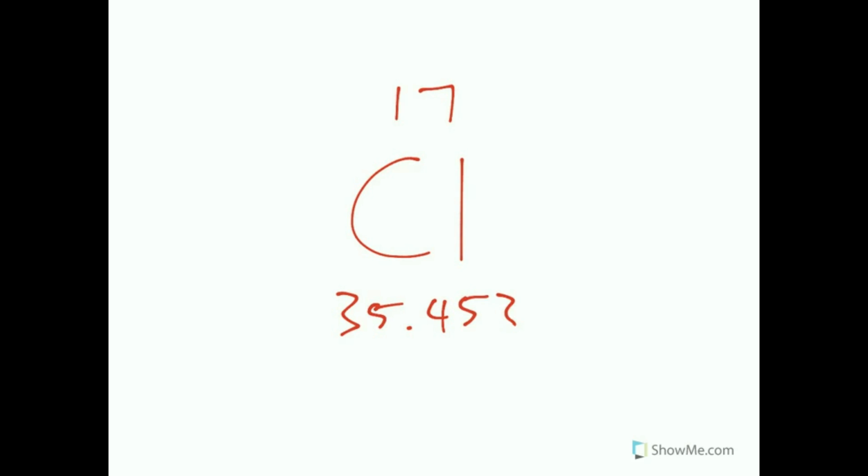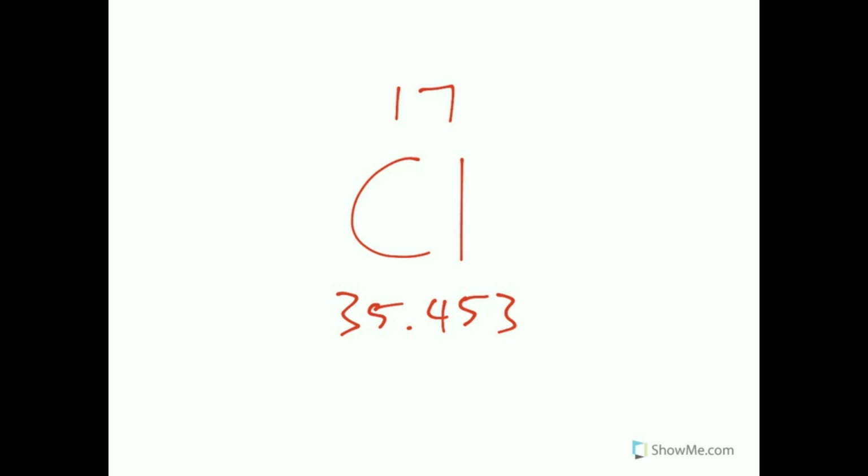In fact, most elements on your periodic table will have a decimal number for the atomic mass. Let's look at chlorine. Chlorine is number 17 on the periodic table. Its atomic number is 17. It has 17 protons. Its atomic mass is 35.453.